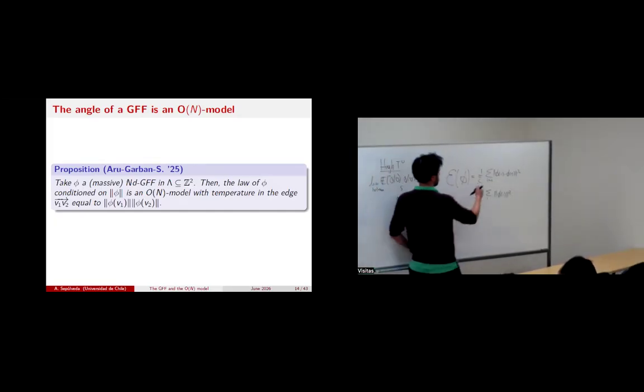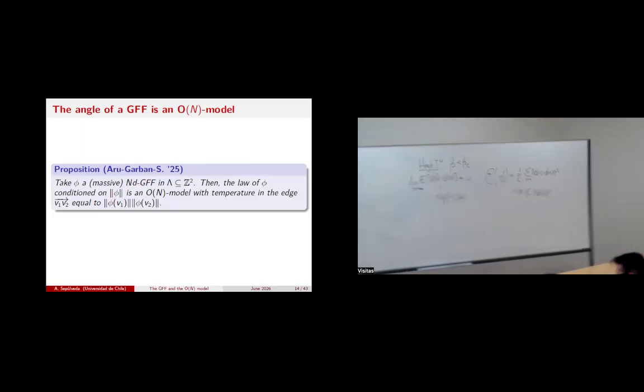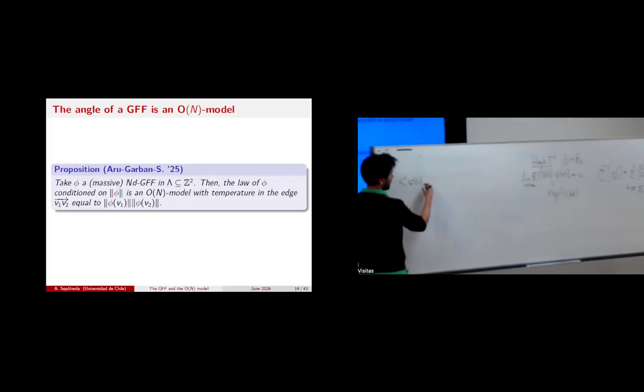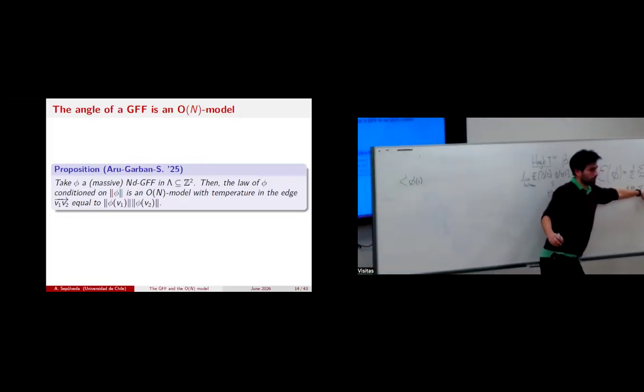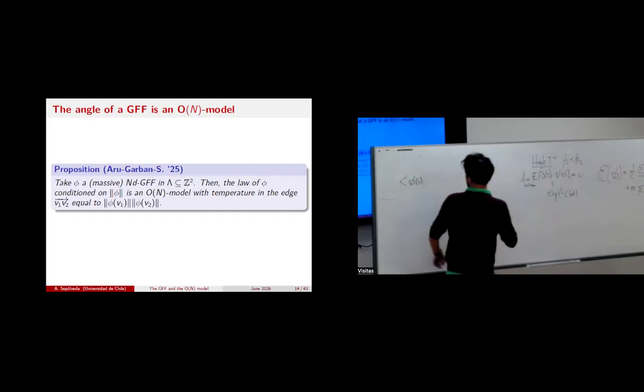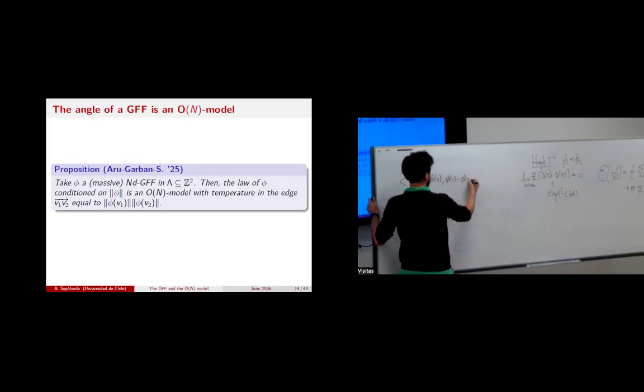So when you condition on the norm, let's look at this term, phi_i squared. If you condition on the norm, this term doesn't matter because it just depends on the norm. So you're just looking at the difference, phi_i minus phi_j, squared.